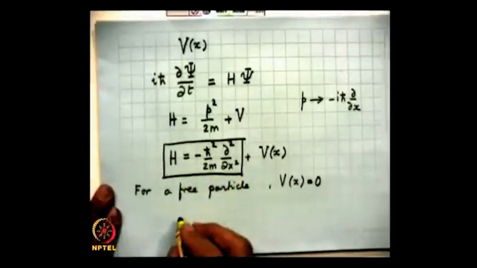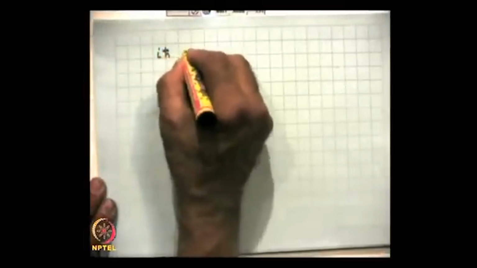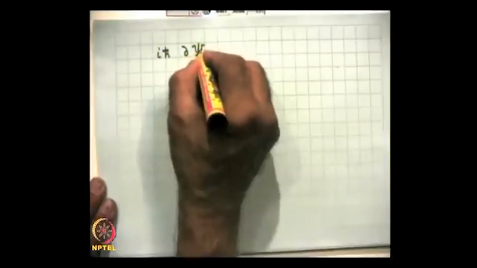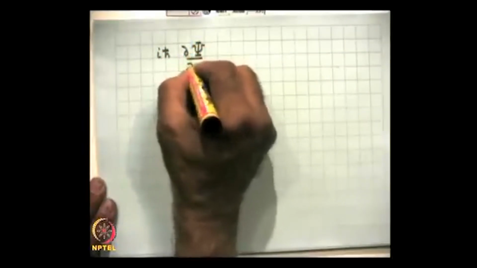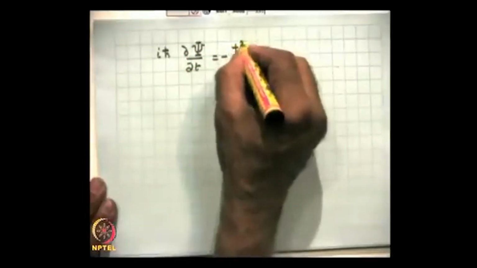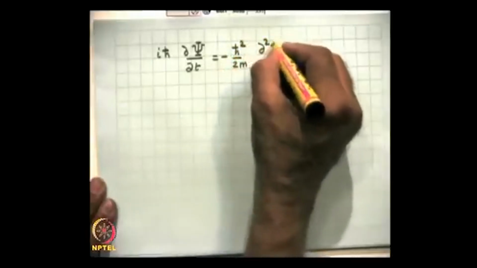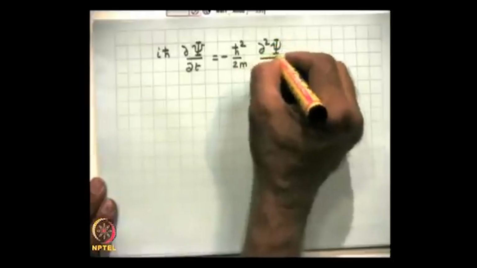Therefore, the one dimensional Schrodinger equation for a free particle is i h cross delta psi by delta t is equal to minus h cross square by 2m delta 2 psi by delta x square.